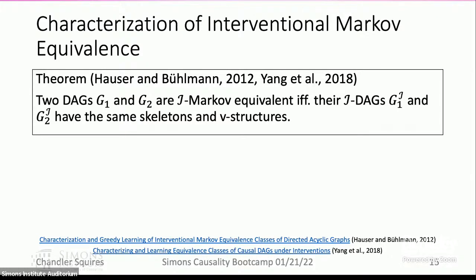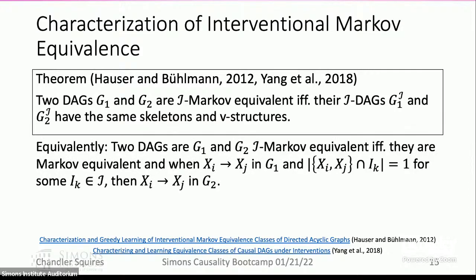And this is saying that two DAGs are I-Markov equivalent to each other if and only if these graphs still have the same skeletons and V structures. A more informative way to see this, for our purposes of asking what information we learn from an intervention, is to think of what new V structures each intervention will introduce.